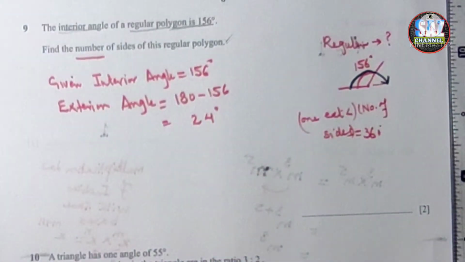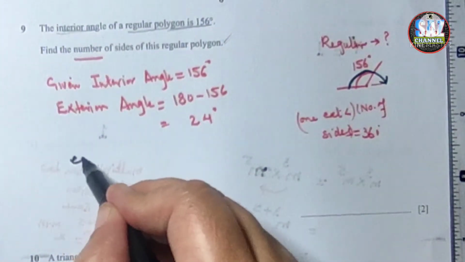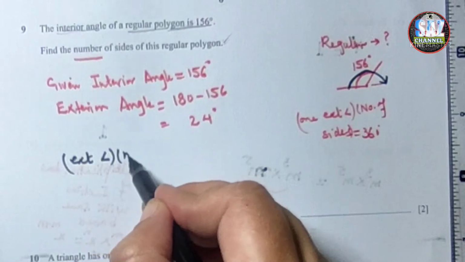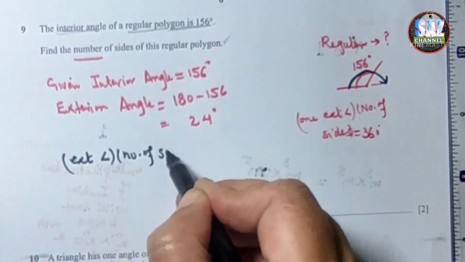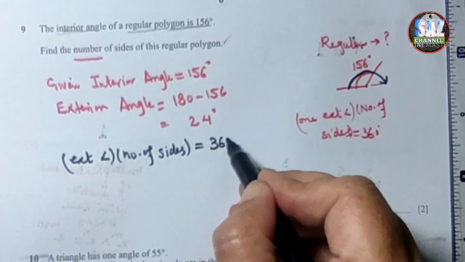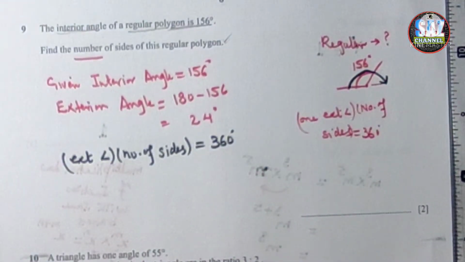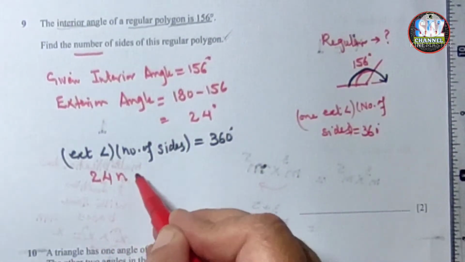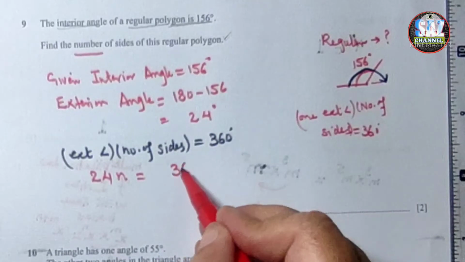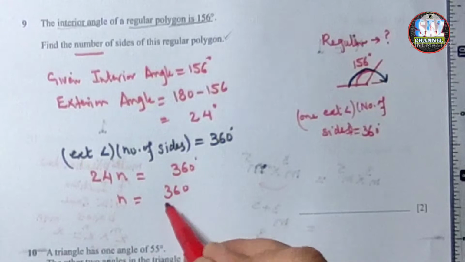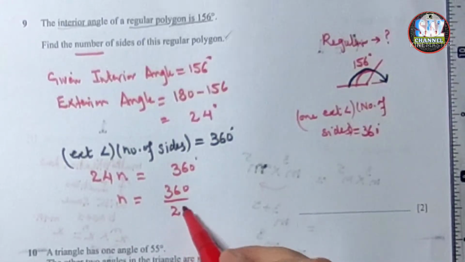And then I have to use the formula: exterior angle multiplied by number of sides equals 360 degrees. So exterior angle 24, and number of sides, let's take it as n, times 24 equals 360 degrees, and n equals 360 divided by 24.